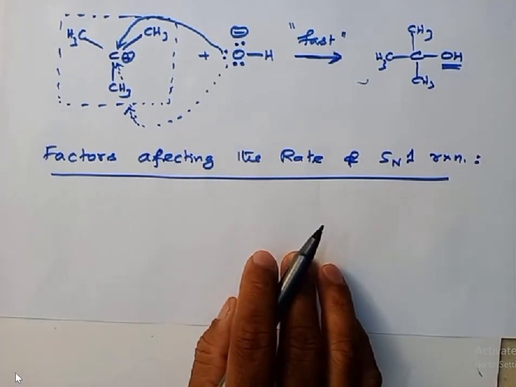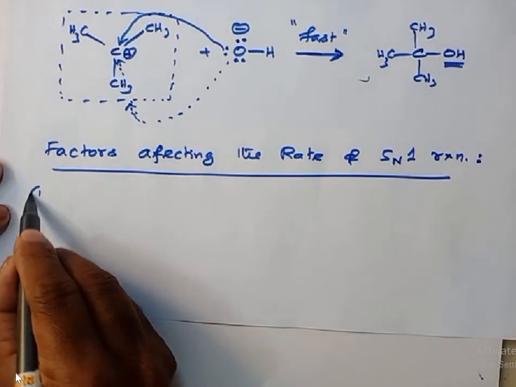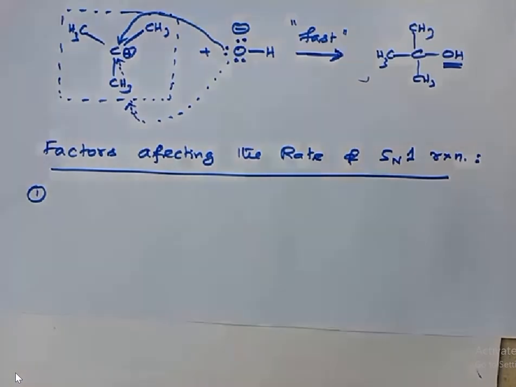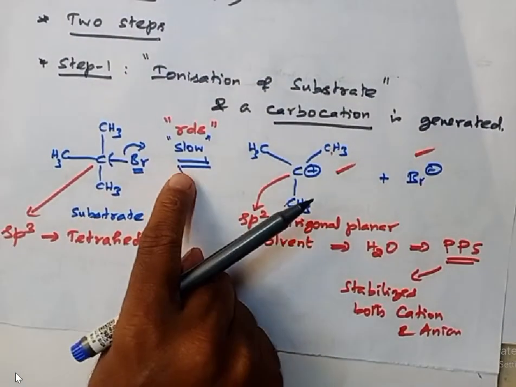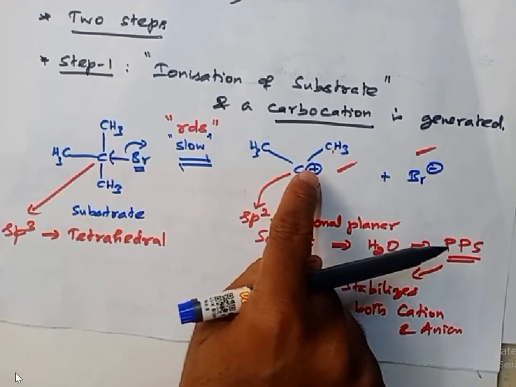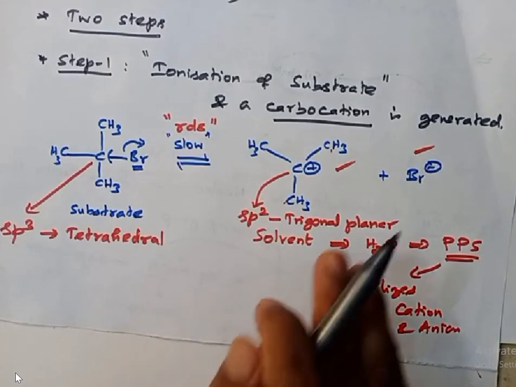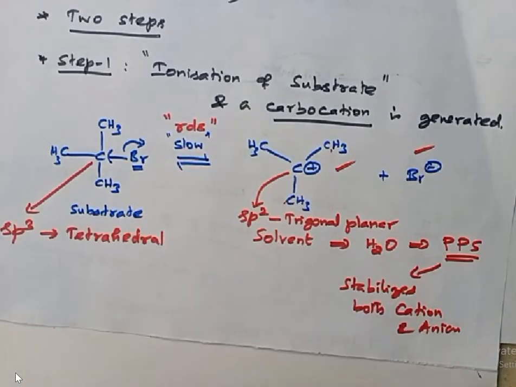The Sn1 reaction occurs with a two-step mechanism. Okay, keep that point in mind. Now what are the factors? Number 1, as I told you before, in the rate determining step, what are the species involved? Substrate is there, carbocation is there, and the polar protic solvent is there. So all these definitely affect the rate.